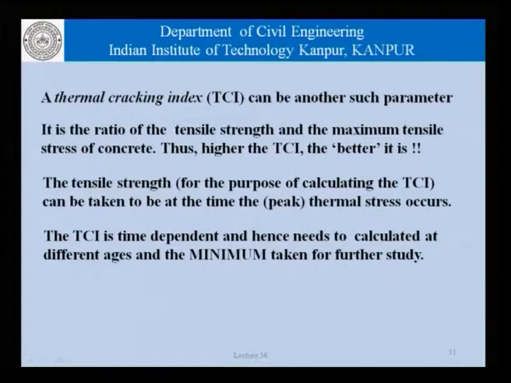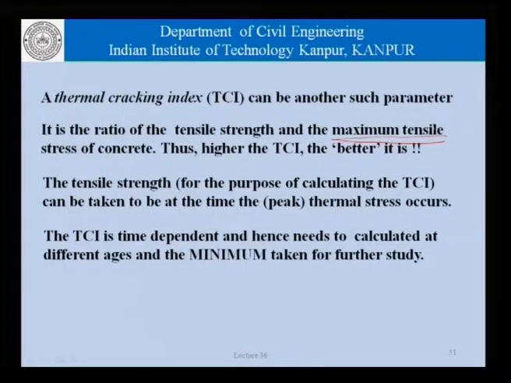This maximum tensile stress is the key operator, because the tensile stress itself varies over time. Of course, the higher the thermal cracking index, the better it is, because it tells us that we have more strength than the stress being developed.